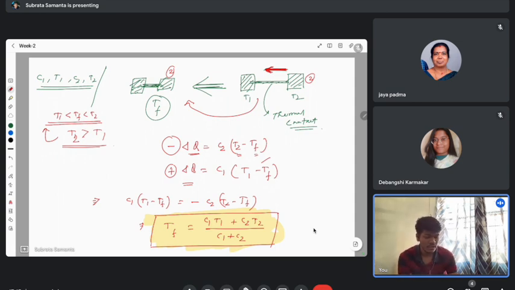In the same way, at the end you will get the same answer. So the convention does not depend on the answer. You can choose any convention, but the answer is the same. So is this point clear or not? Any questions?